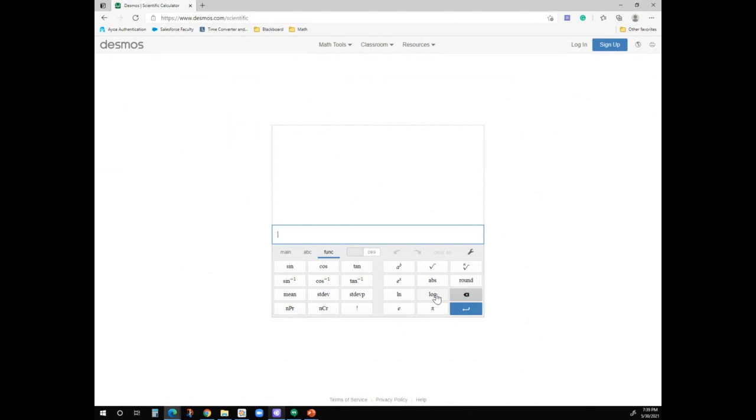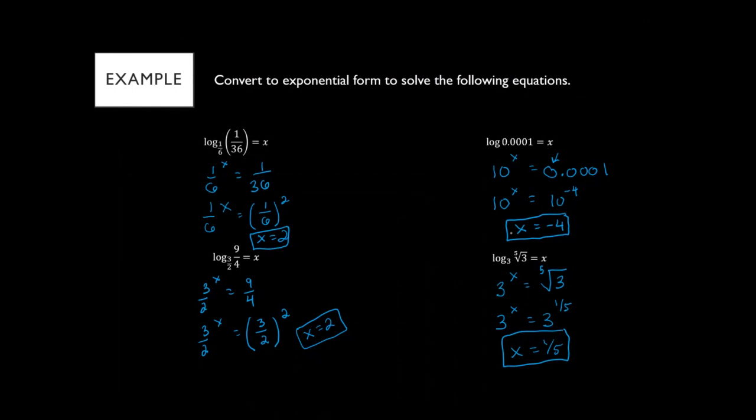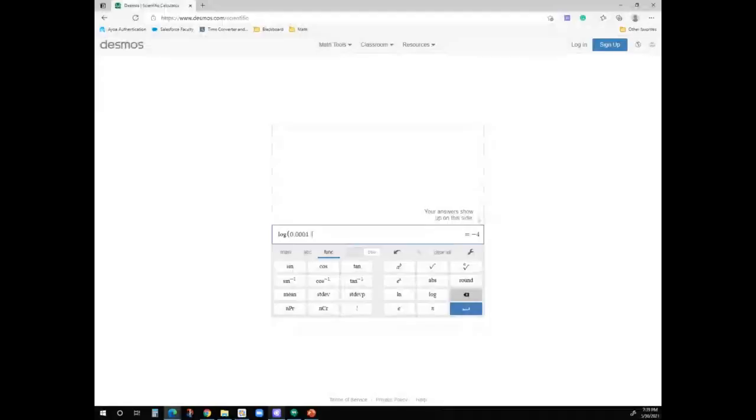So if I took that decimal one, log, and then in parentheses I type in 0.0001, you can see that our answer is -4, which matches what we got by rewriting as an exponent and then using some kind of logic and rewriting our numbers as powers in order to figure out what that was. But you can type it in here and then you can get your answer.